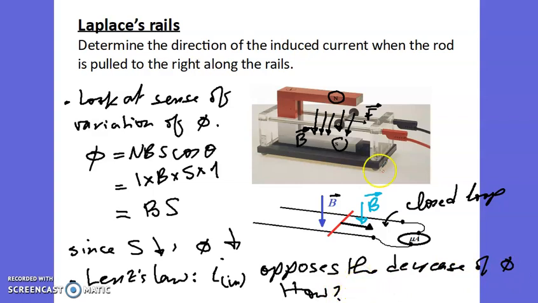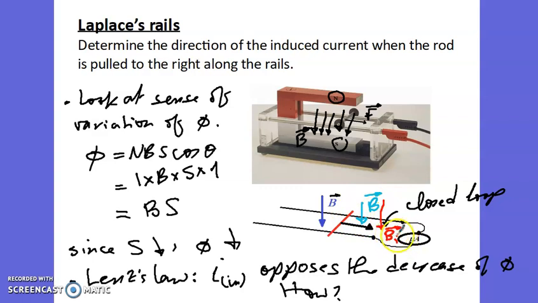So B induced has the same sense as B to oppose the decrease. Because if B induced is opposite to B, then you are trying to decrease the flux, but we want to oppose the decrease of the flux. Clear? So you know B induced.